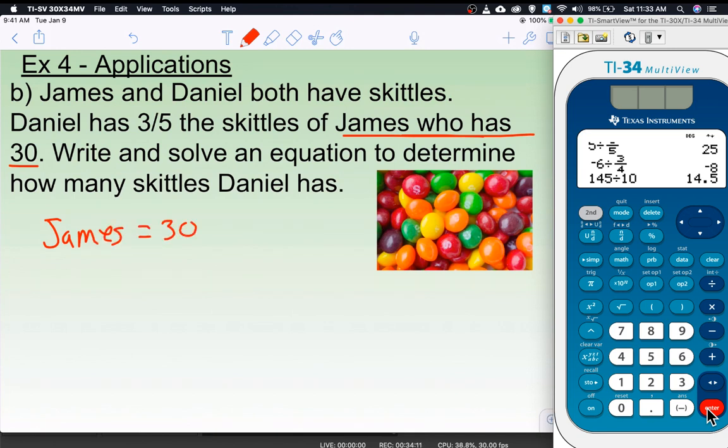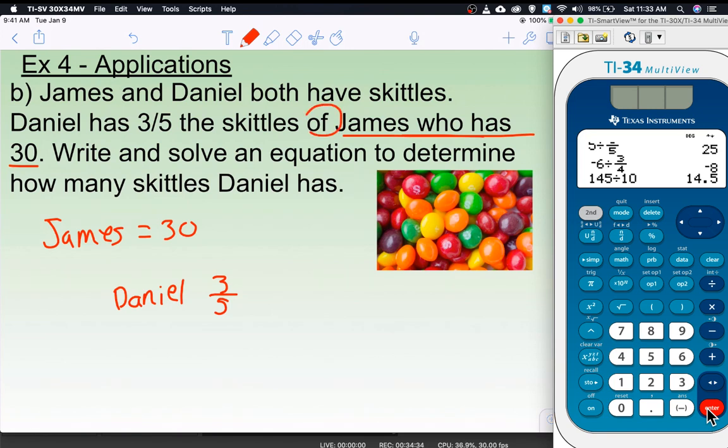I know he's got 30. But we don't know how many Daniel has. It says Daniel has 3/5 the Skittles of James. So Daniel has 3/5 of James. Now, maybe you know this, maybe you don't.